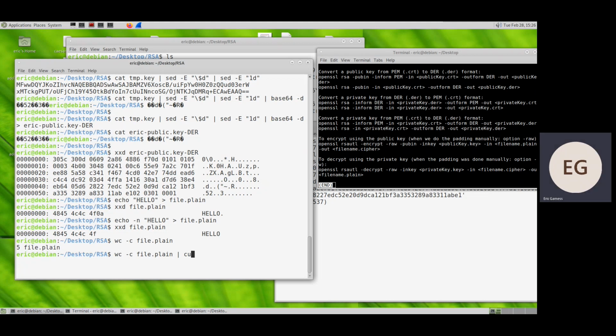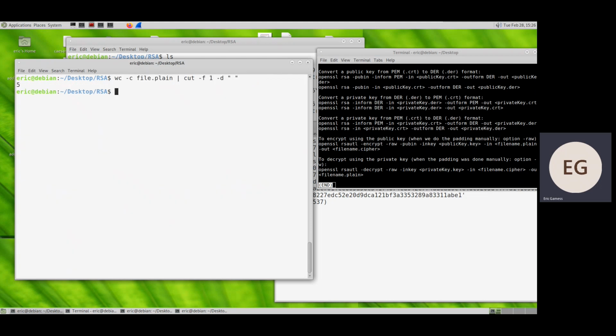So there is a cut command, no? Cut dash field. I want the first field. And the delimiter is a space. So look, we have the 5. Now, how can we multiply this 5 by 8? Because a byte is 8 bits. What should I do here?